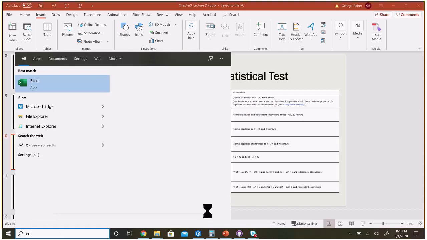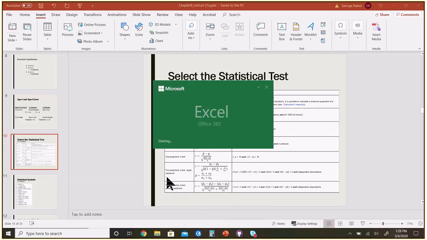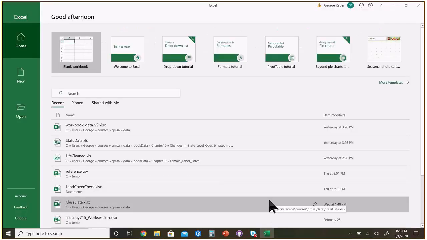By the way, I copied and pasted that from, I think, Wikipedia. I put the slide on there, but yeah, it's in table 8.4.